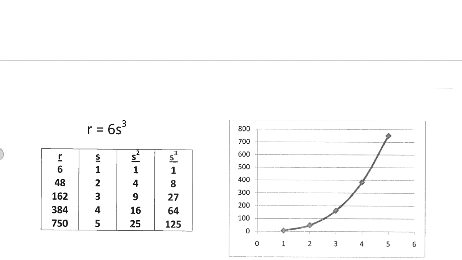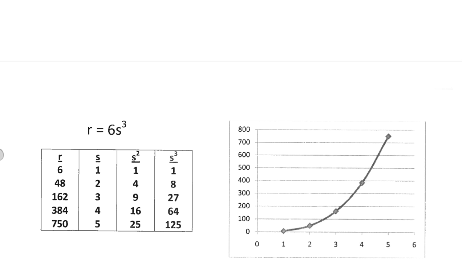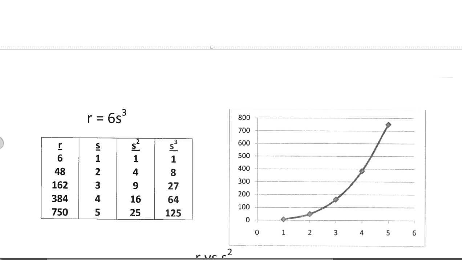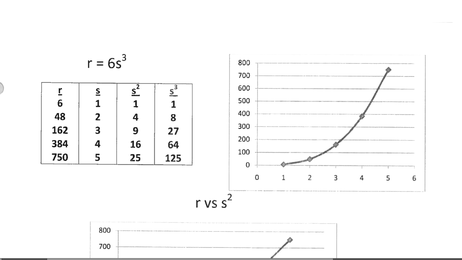So to do that, what if instead of graphing r versus s, I graph r versus s squared? I take my 1, 2, 3, 4, 5, and I square the values, and I graph those instead. Well, if I graph those instead, the graph will change shape. So if I graph it again after I do that, this is r versus s squared, the graph looks something like this.